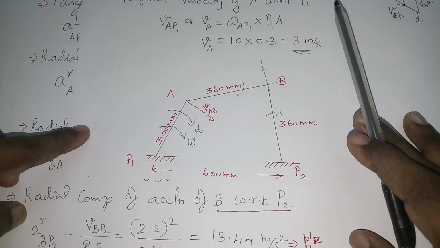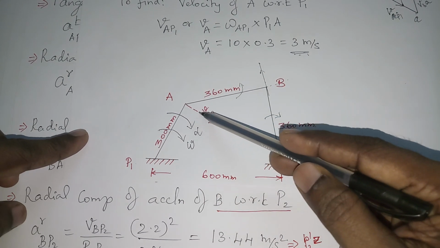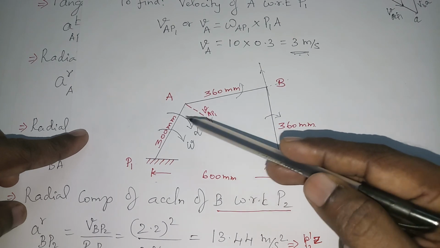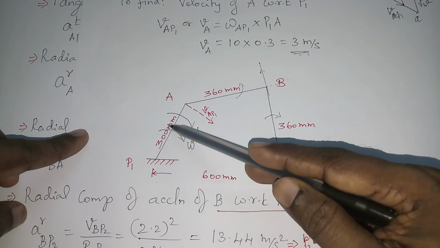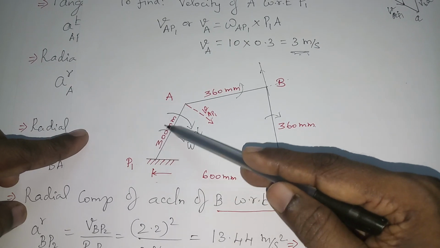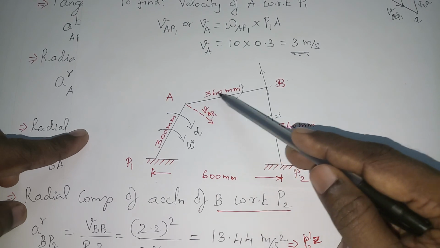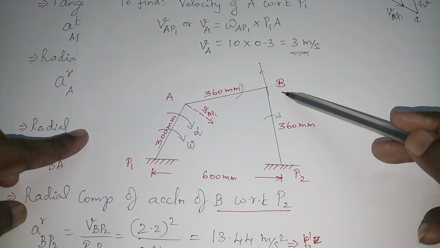So I told you tangential means perpendicular, it will be acting in this direction. Radial means it will be acting parallel to this link. So this link will have radial component and tangential component. This link will have only radial component. This link will have only radial component.